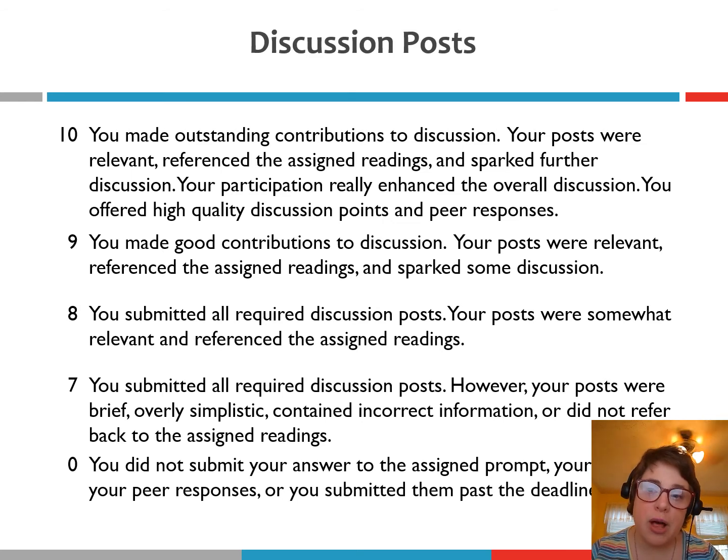So if you include a lot of excerpts and direct quotes from the reading and use it to make your point, or even if you just reference, you don't necessarily have to reference the text verbatim, but just talk about a particular point that was raised in the reading, that's great. And particularly if you post something that a lot of other people respond to, right? So if several other people in the class were intrigued by your post and chose to respond to it, and you generate a lot of further discussion, that would be a 10 out of 10, right?